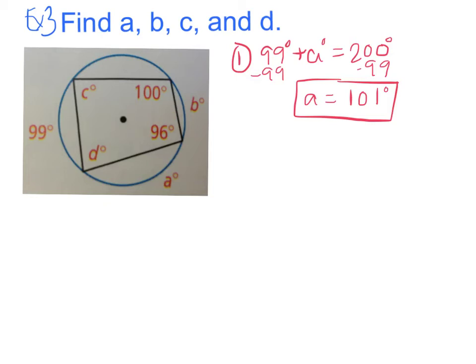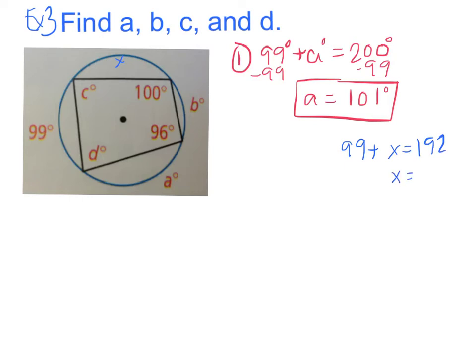That means 192 degrees should be made up of 99 and whatever this arc is. Now even though they're not asking us for this arc, I'm going to look for it because it's going to help me find these angles inside of here. So let's go ahead and find it. I know that 99 plus, I'm going to call this arc X, should equal 192 degrees.